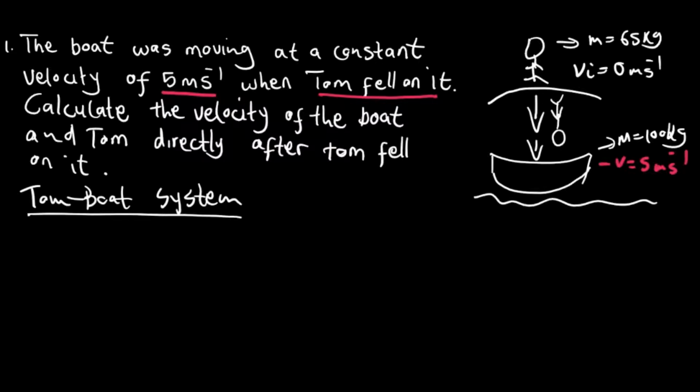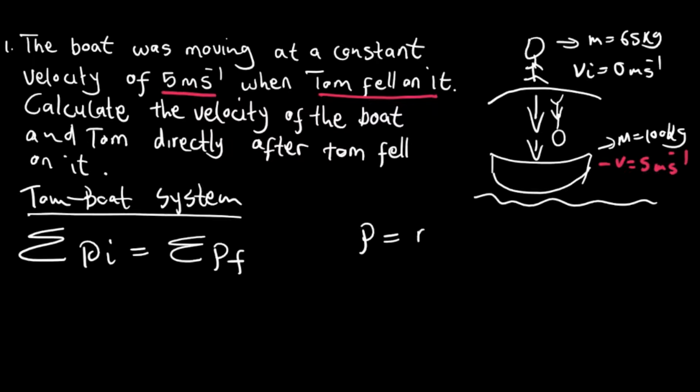So what we're going to do is calculate the sum of the momentum of the initial, so before Tom fell on the boat, and the sum of the momentum of the final, so when Tom was already in the boat. So we know very well that the equation of momentum is p equals mv, which means the mass times the velocity, right?